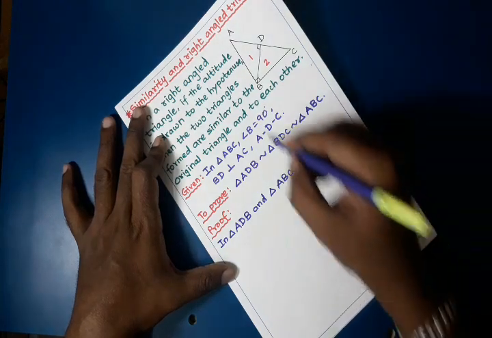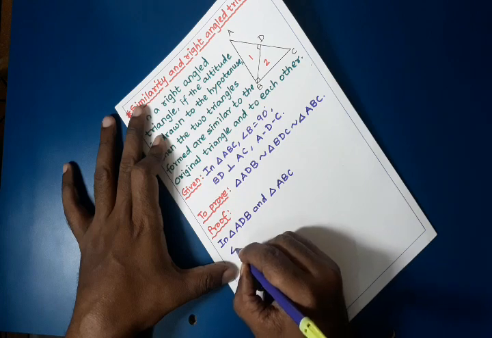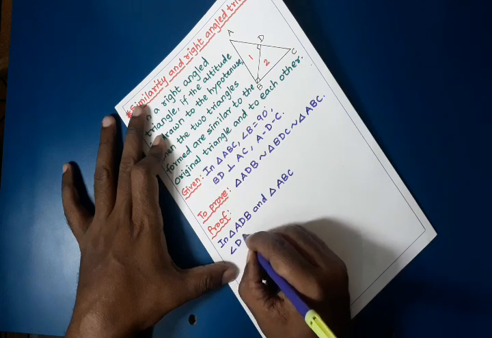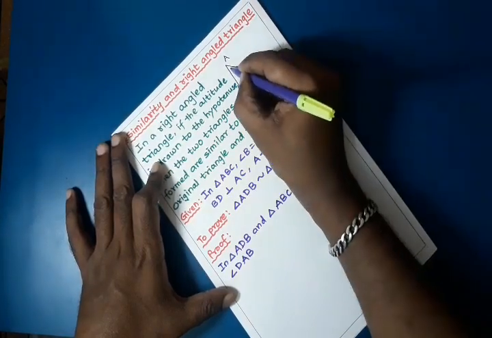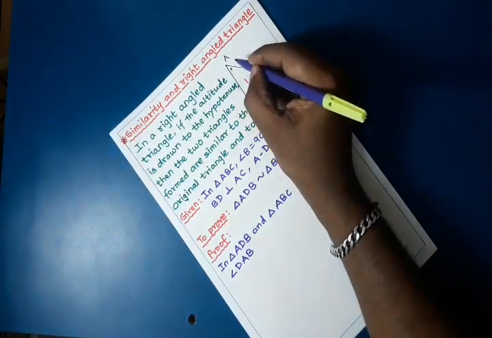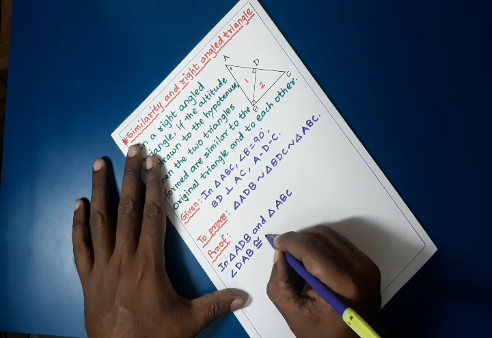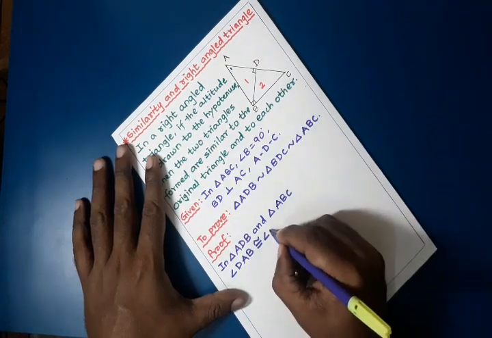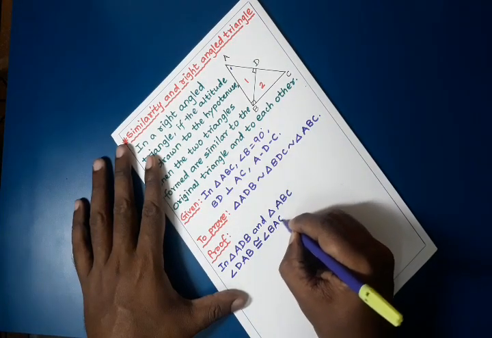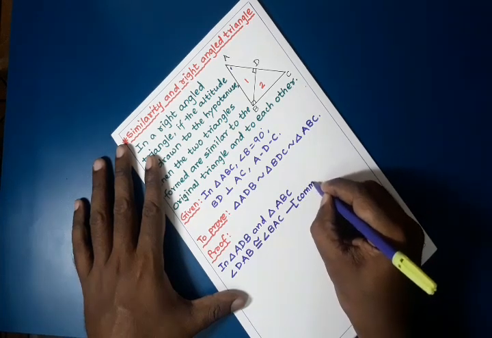If I compare these two triangles, I can easily observe that angle DAB, look here, angle DAB means this angle, is congruent with angle A from the original triangle, or you can write angle BAC, because the reason is common angle.